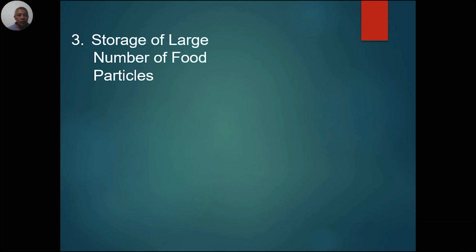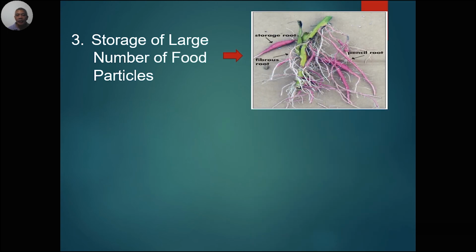Next is storage of large amounts of food particles. This is an example of a root of sweet potato, kamote. So this is the storage root, the fibrous root, the pencil root.